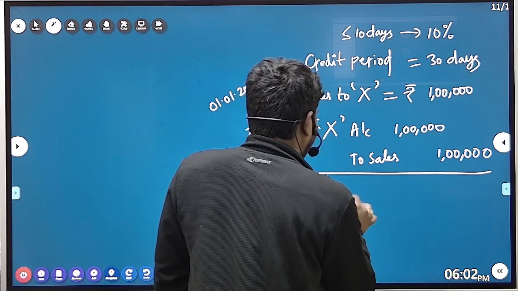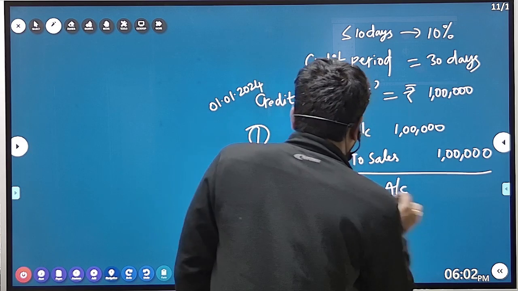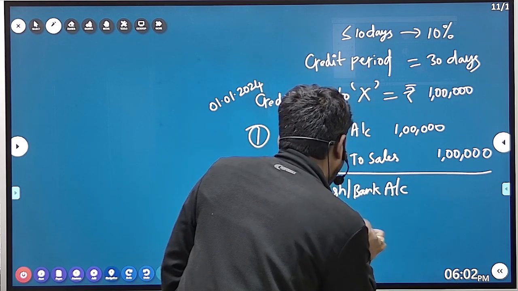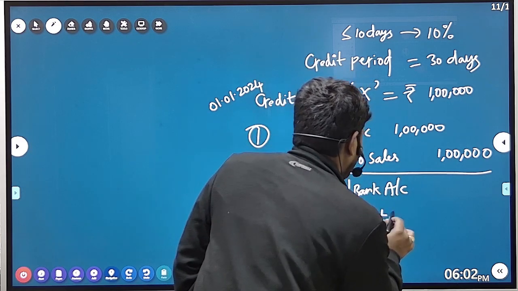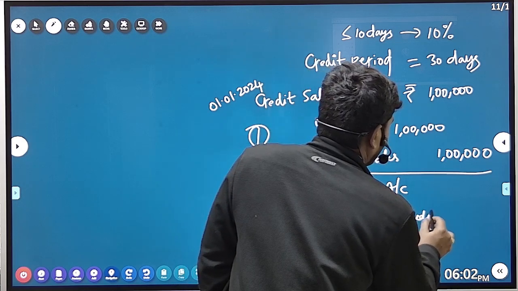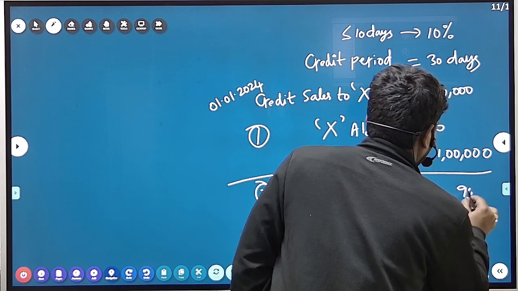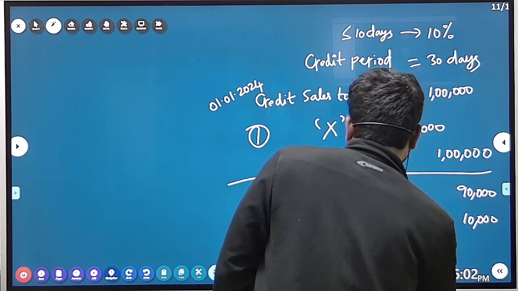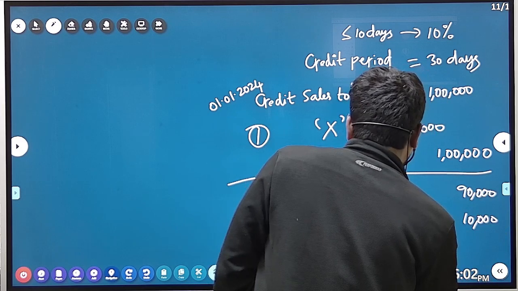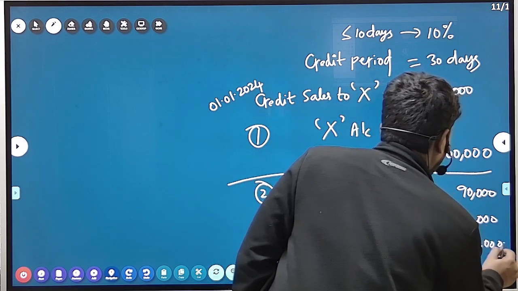Cash account debit, discount allowed account debit. Discount allowed account debit 10,000, cash account debit 90,000, to X account 1 lakh. Very good, you are very good at journal.